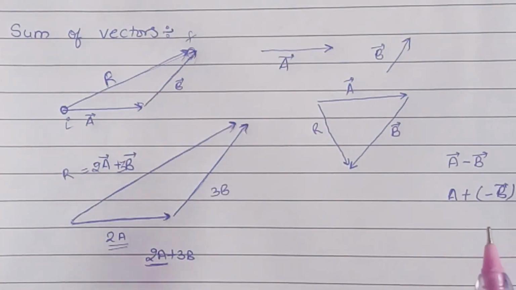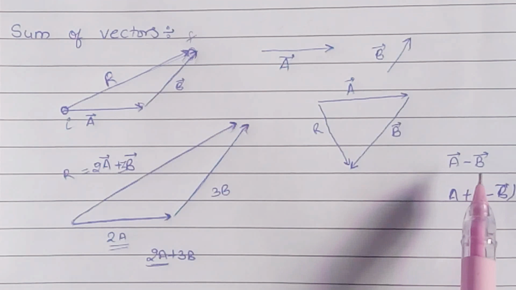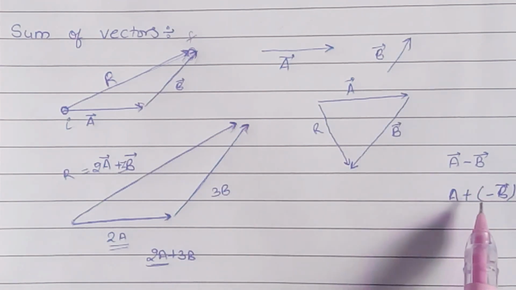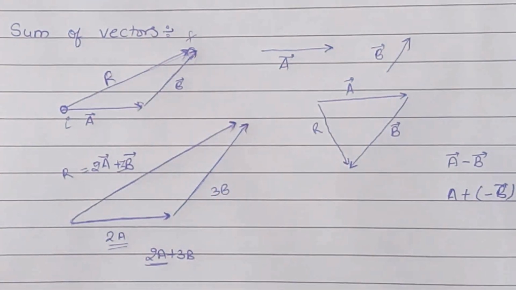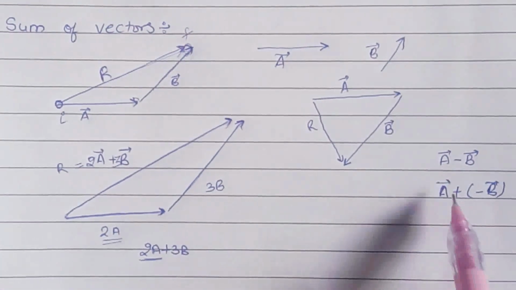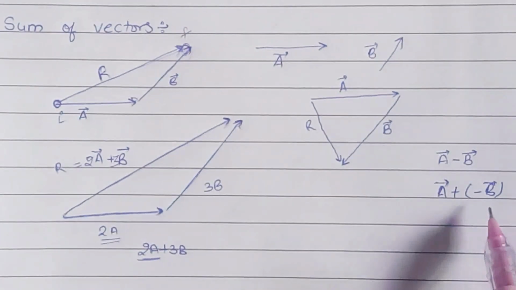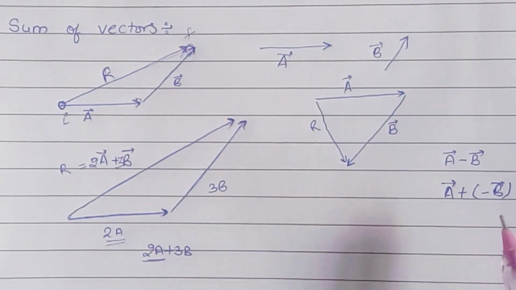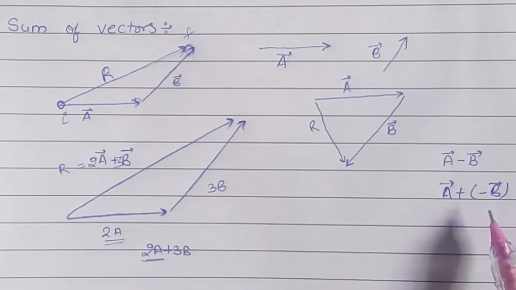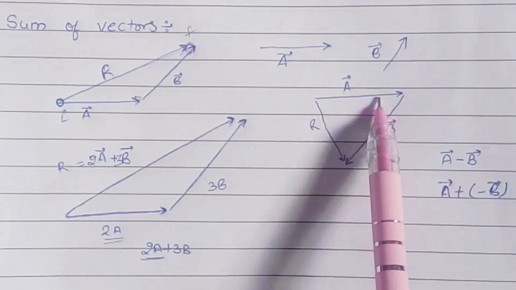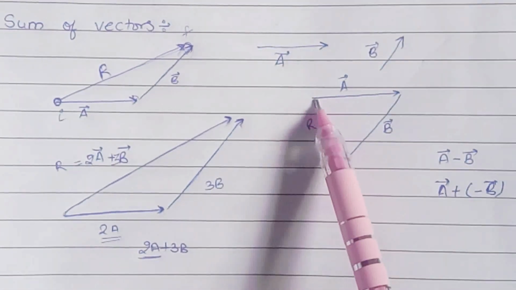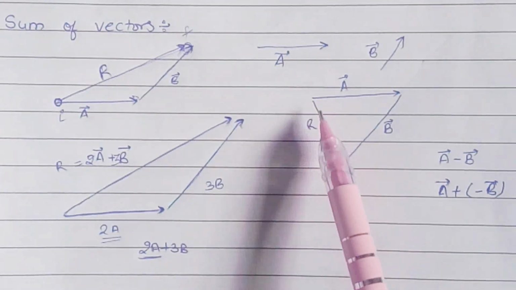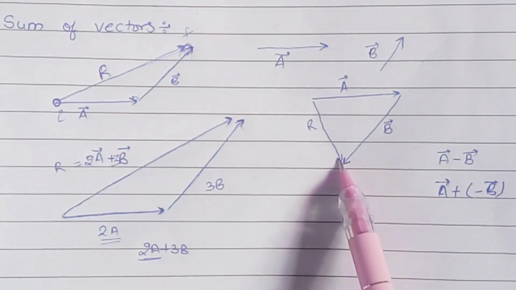Next, you have to find a vector minus b vector, which you can write as a vector plus minus of b vector. So what's it? Minus 1 means direction has been reversed. Magnitude is same but direction has been reversed. So a vector, b vector is like this, so minus b vector will be like this. From initial point to final point you are connecting, so the resultant vector is like this.